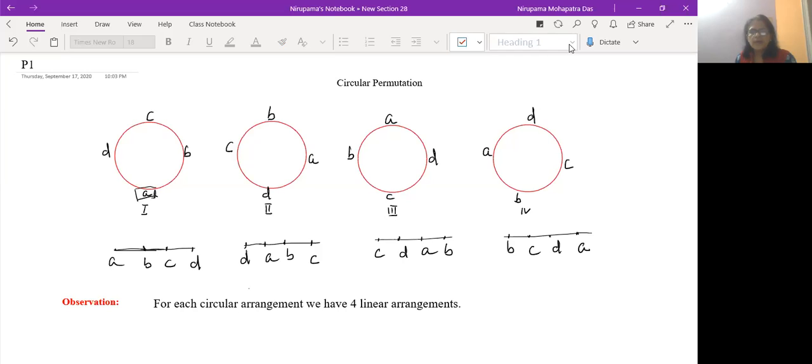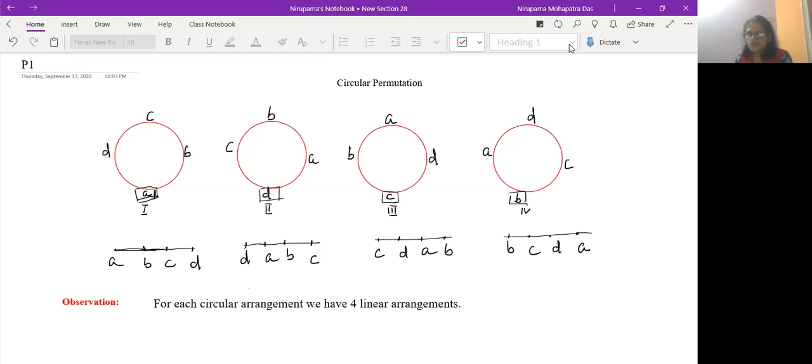This is A. Now if I fix this position and put these objects in a line, it is A, B, C, D. In the second circle, again I'm fixing the position rather than the object, we have D, A, B, C. In the third case, again fixing the position, C, D, A, B, and in the fourth one we have B, C, D, A.